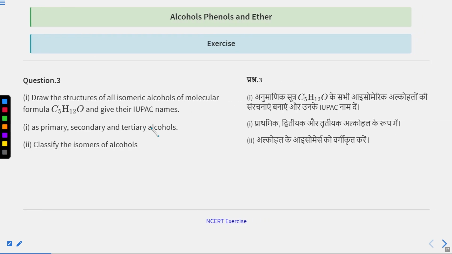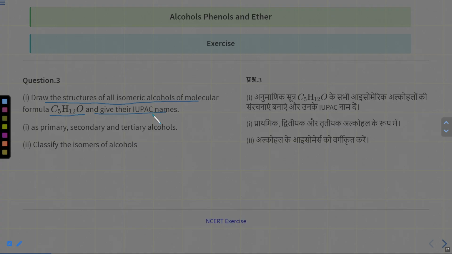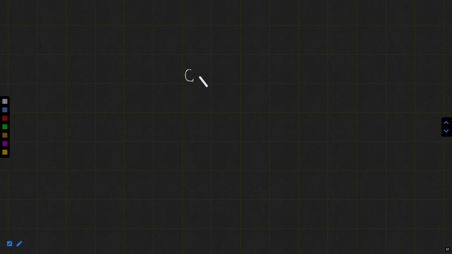So, third question. Draw the structure of all isomeric alcohols of molecular formula C5H12O and give their IUPAC names. So we have to draw the possible structures from the formula C5H12O. For these kinds of questions, what do we do? We first of all find the degree of unsaturation.